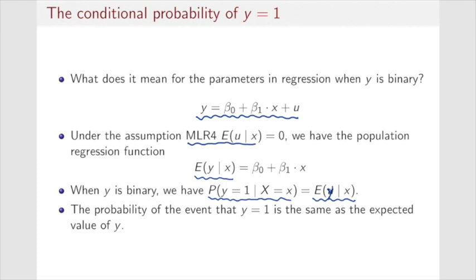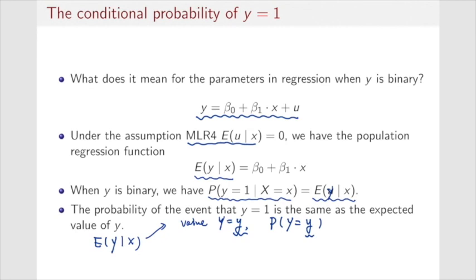If we want to calculate the expectation of a random variable y, we need to know the values this random variable takes and the probability that it takes each specific value, small y.